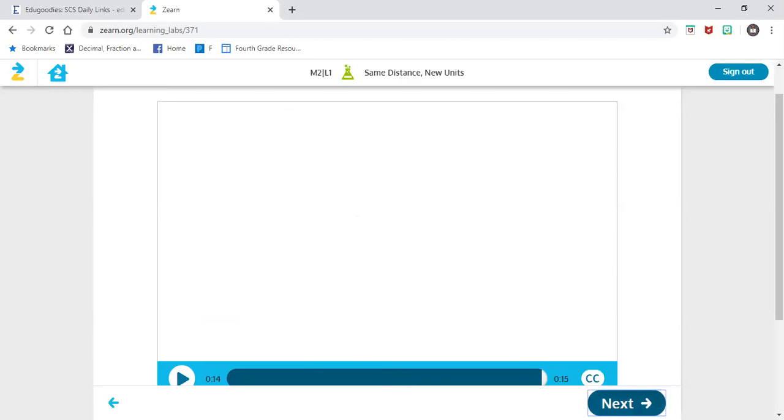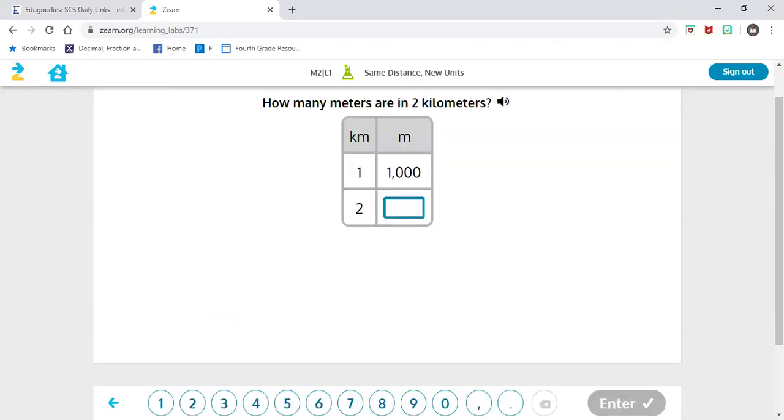So if I had 2 kilometers, how many meters would that be? For the first one, it would be 1,000. For the second one, it'll be another 1,000. And that'll give me what? 2,000. So I'm saying that in 2 kilometers, there are 2,000 meters.